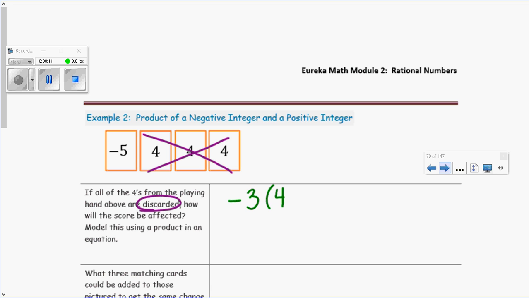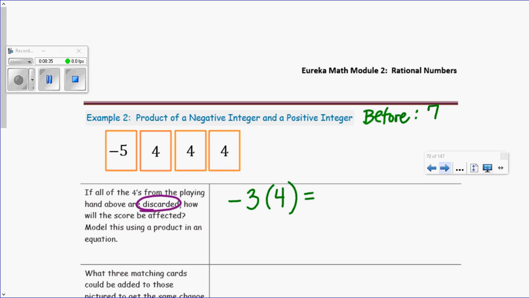So that means I'm getting rid of 3 4s. So let's write that as negative 3 times 4. So instead of picking up a bunch of 4s, I'm getting rid of a bunch of 4s. So if I get rid of those 4s, what will happen to my score? Well, we could actually figure out what it was before and after. So before we discarded, we had 4, 4, 4, 4, and negative 5. So that would be 12, and then we take away the 5, so that would be positive 7.